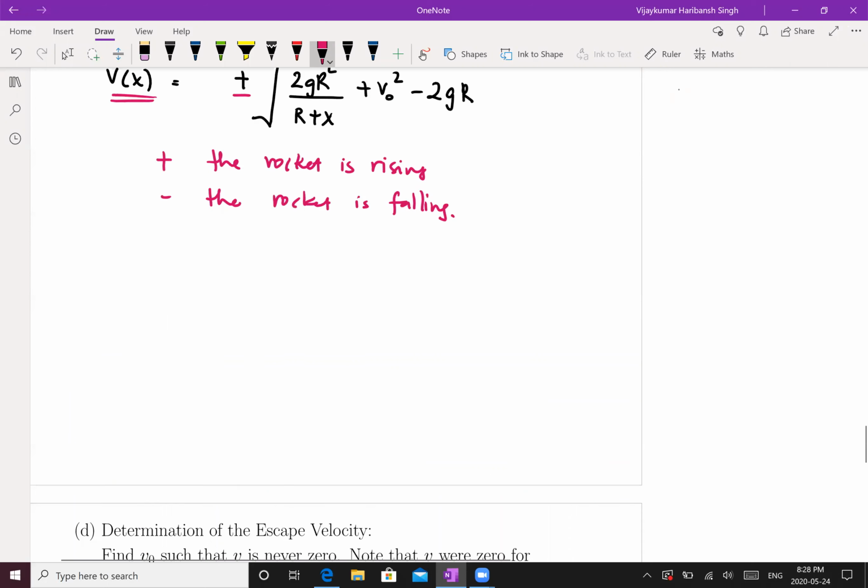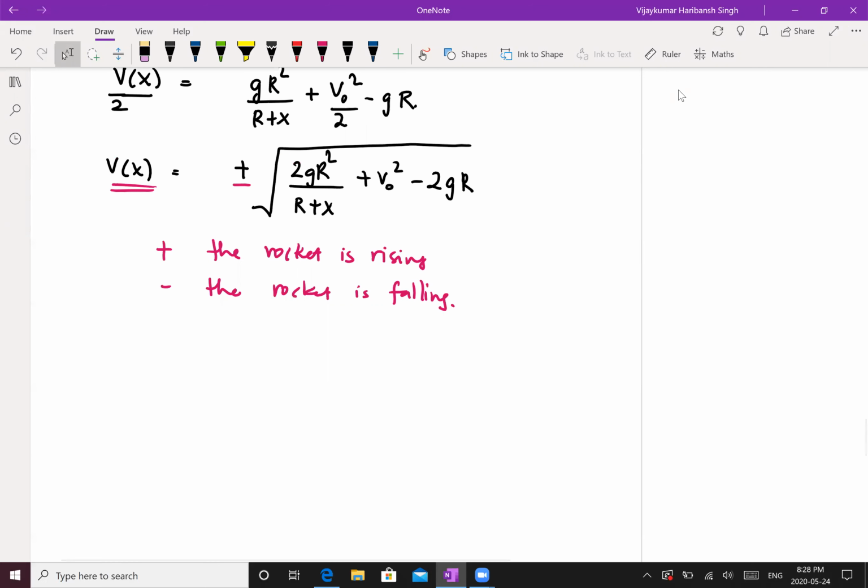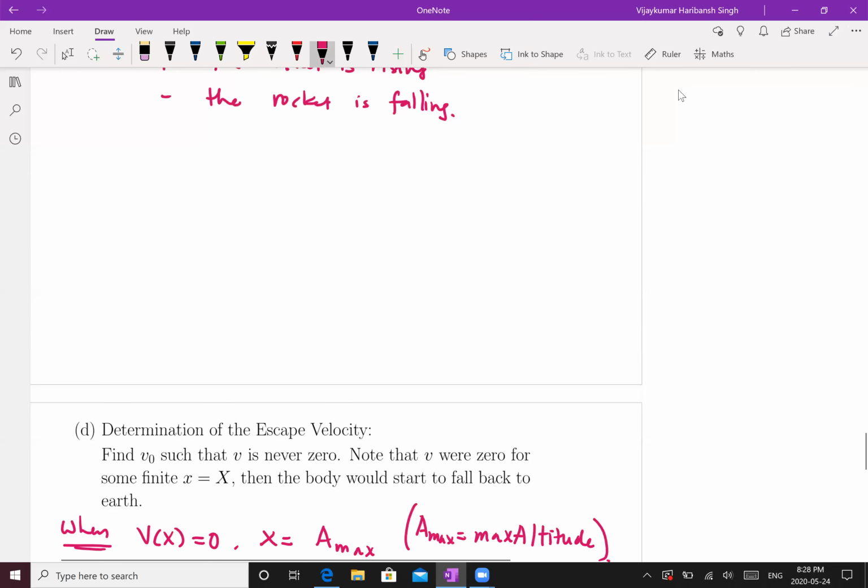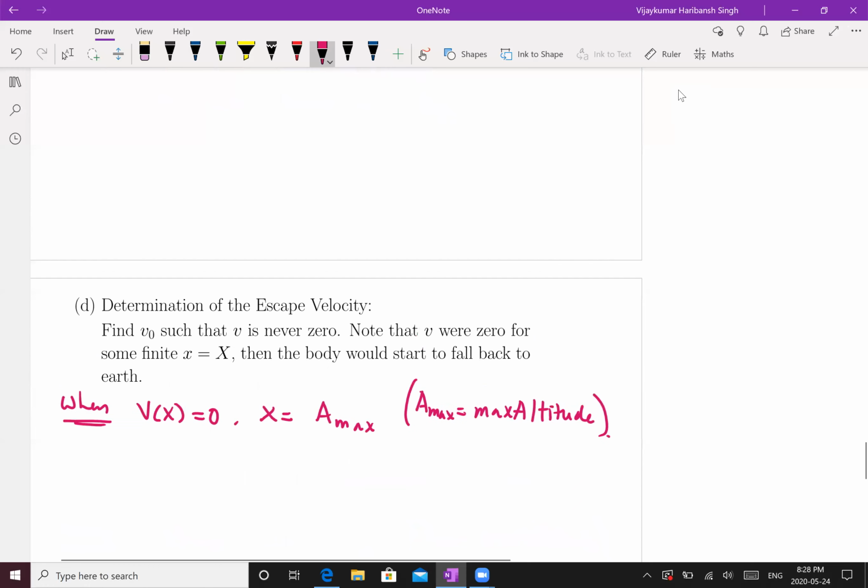When this is zero, we get this part is zero. So we get v0 square minus 2gr plus 2gr square by r plus a max must be 0, right?